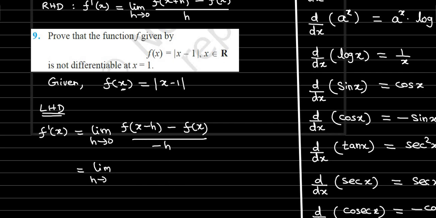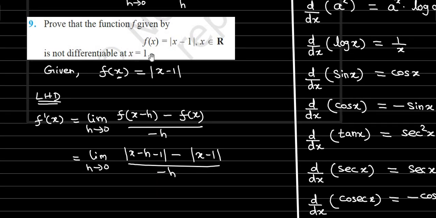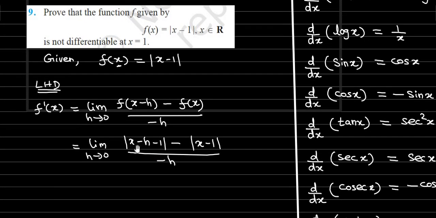limit h approaching 0. So taking the modulus of that x minus h, then we have to subtract 1. And what is f of x? The given function as it is, that is modulus of x minus 1, divided by minus h. But in the given question, it's not differentiable at x equal to 1, right? Now replacing x with 1, this is f dash of 1, the value we have to find.